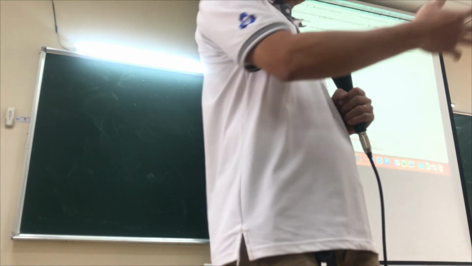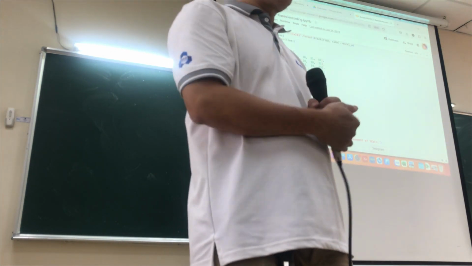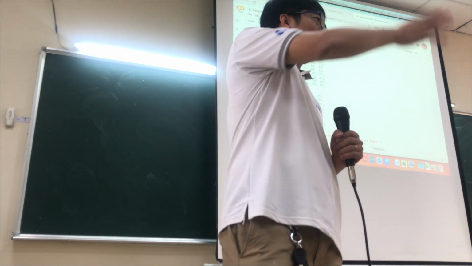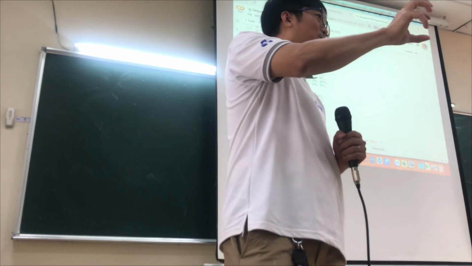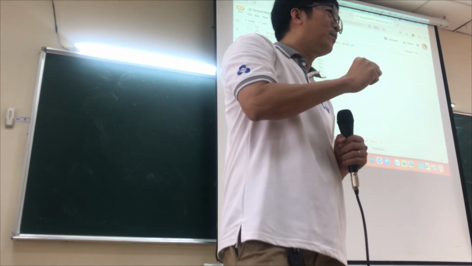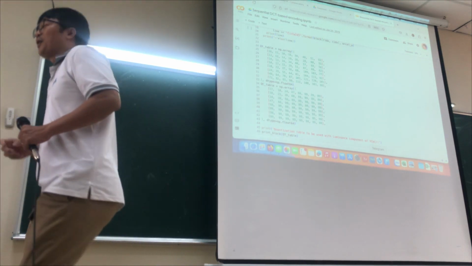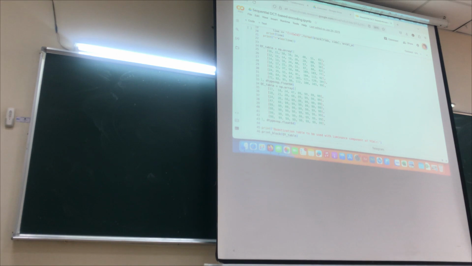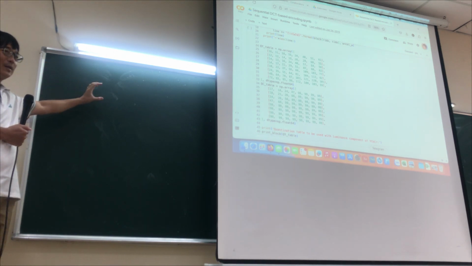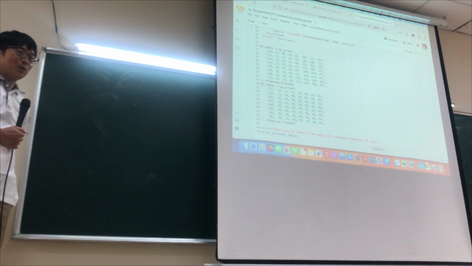Sure, because they proposed it, they have to use it. But do you know why they perform the transform on blocks of 8 by 8 or 16 by 16, and not on the whole image?